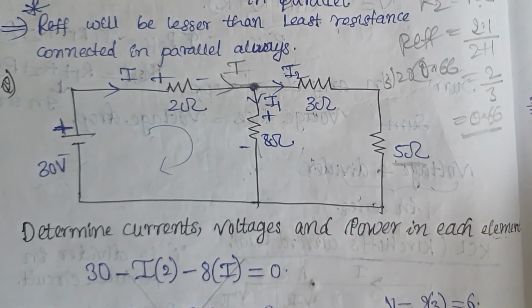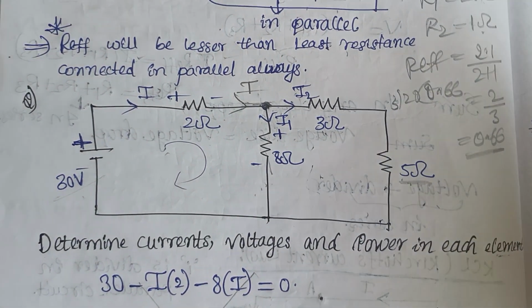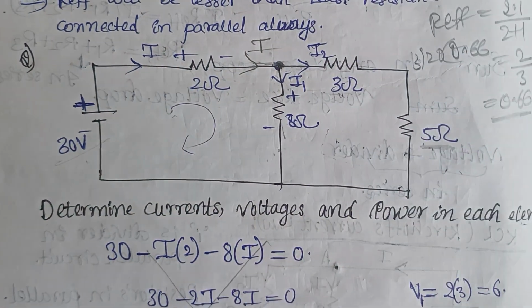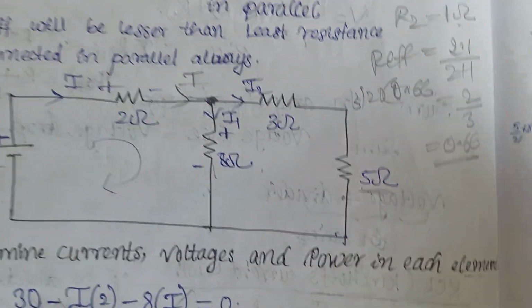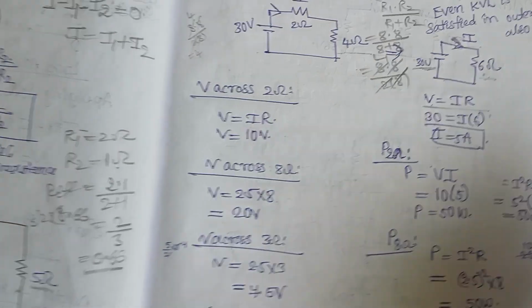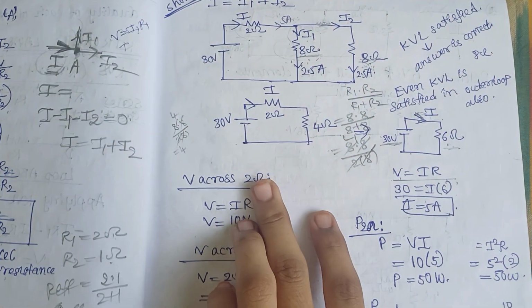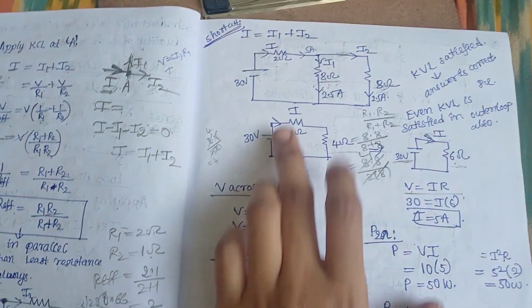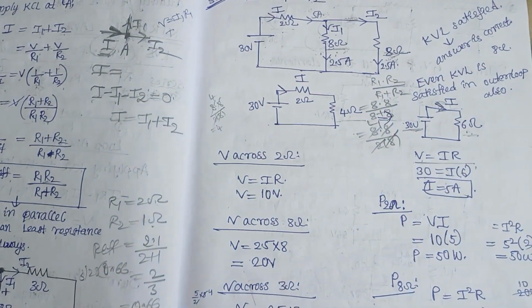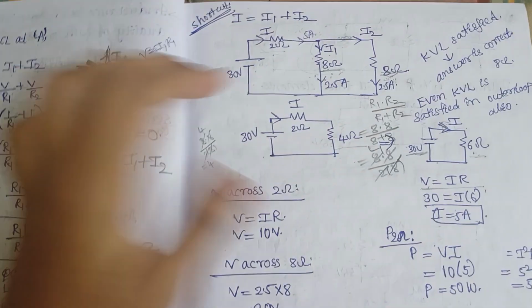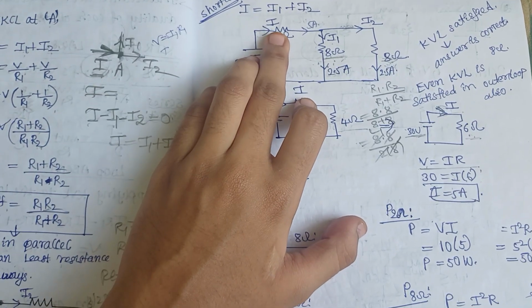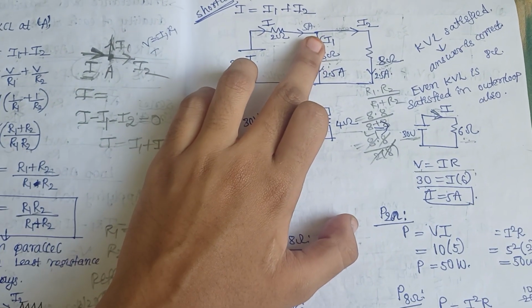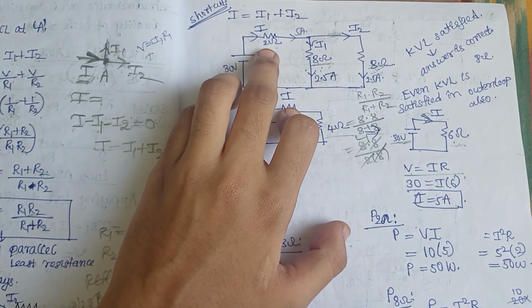And now since we have found the values of I1 and I2, our task is to find the currents, voltages and power in each element, right? Since we have to find the voltage across this 2 ohm, we know that voltage is nothing but current multiplied by resistance, right? The current across this 2 ohm is I, which is your 5 ampere, and the resistance involved is 2 ohm.